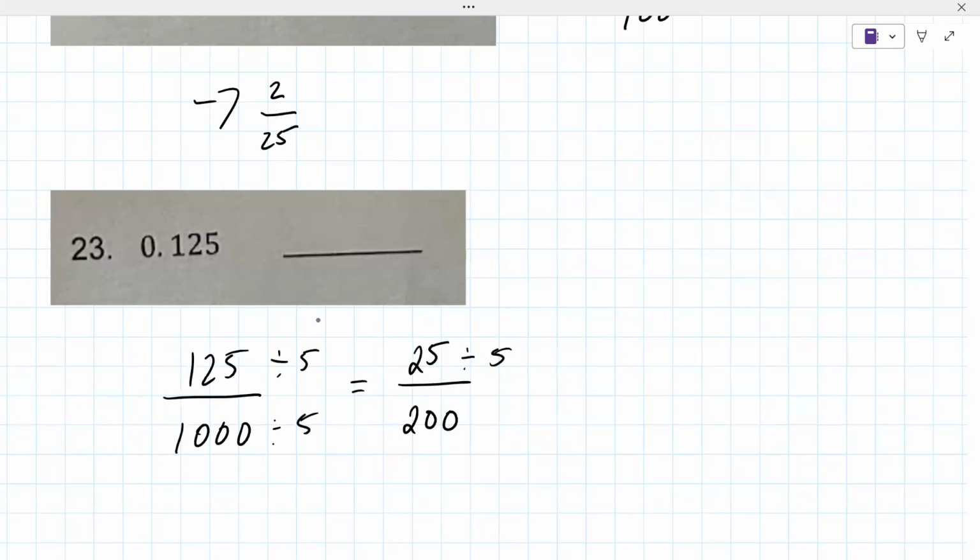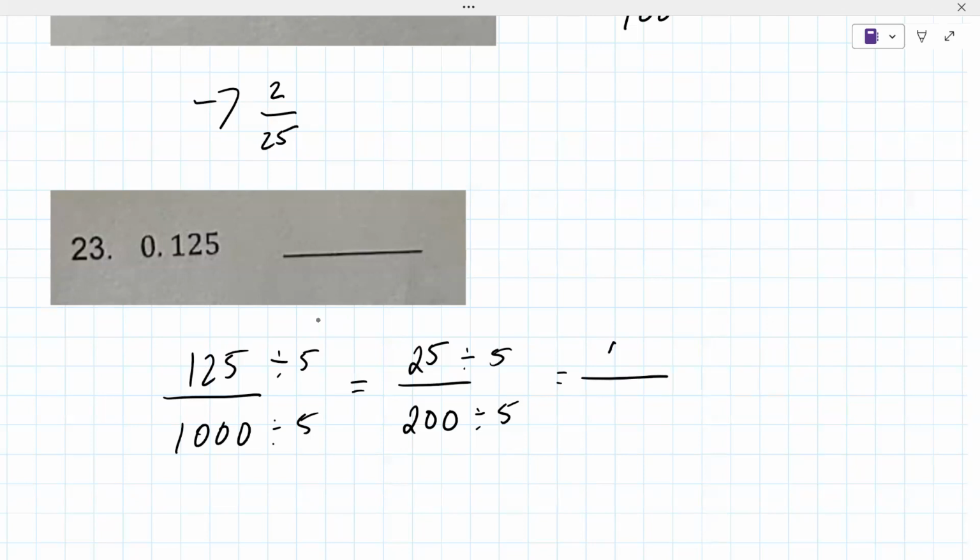So you can divide by 5 again. Oh, you can't. So 5 over 40.